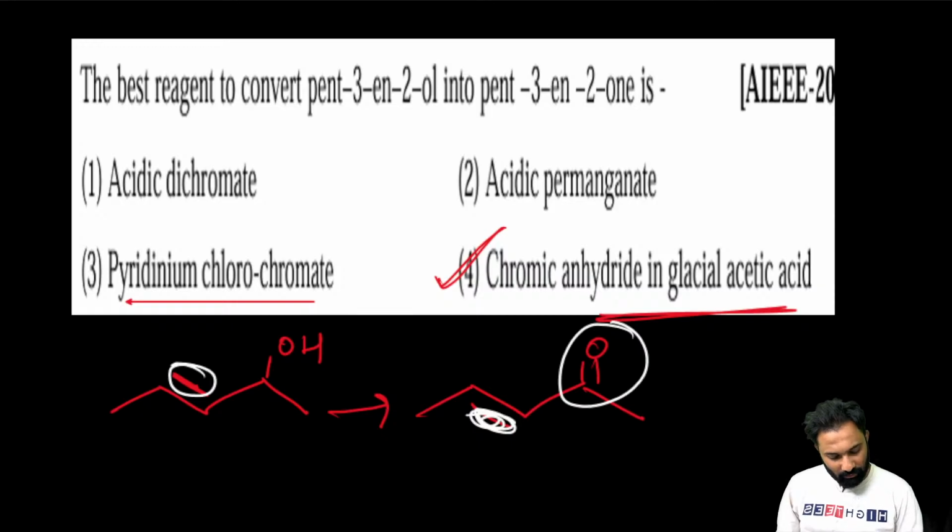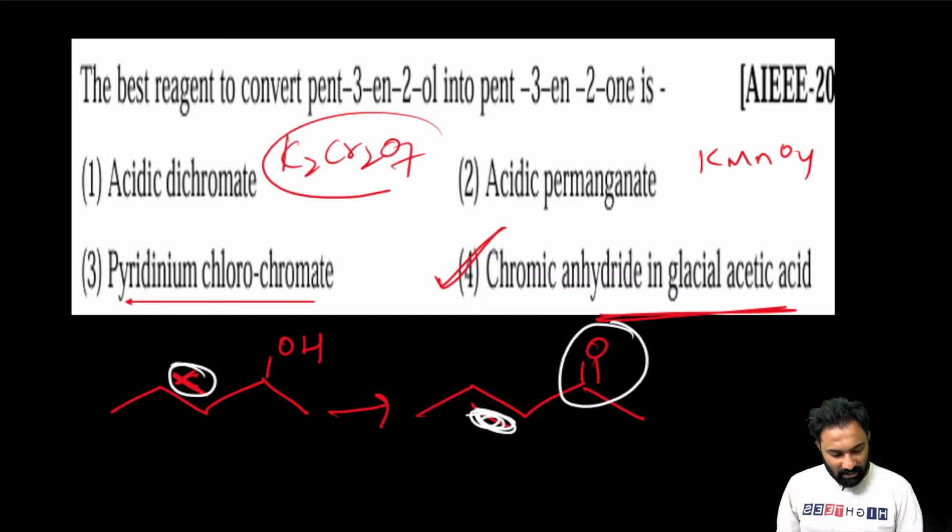Now KMnO4 is also a strong oxidizing agent, we know it will oxidize the double bond also. K2Cr2O7 is a strong oxidizing agent and it will oxidize the double bond also. But the chromic anhydride in glacial acetic acid will not oxidize the double bond.